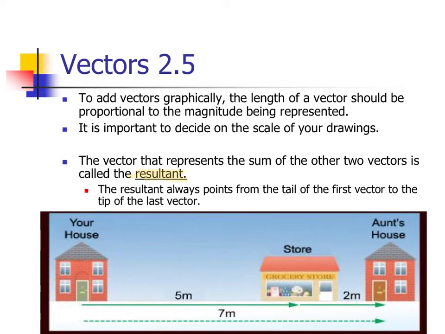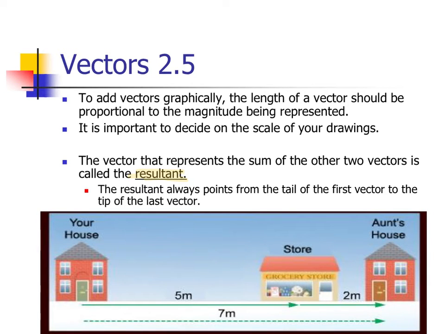Now, what we have to be careful with is with vectors, we need to have that directional component added to it. And in displacement, because it's a directional component, if I make a round trip, how far from the beginning did I go?